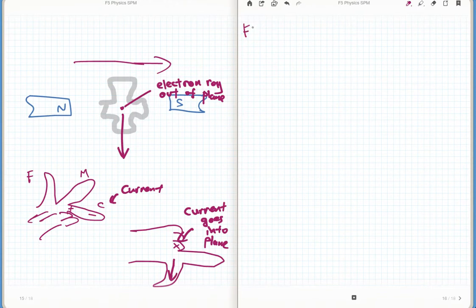Form 5, Chapter 5, Part 2. We will do the Cathode Ray Oscilloscope. Now, previously, I've gone through how you get an electron beam, and you have seen that I proved it to you.